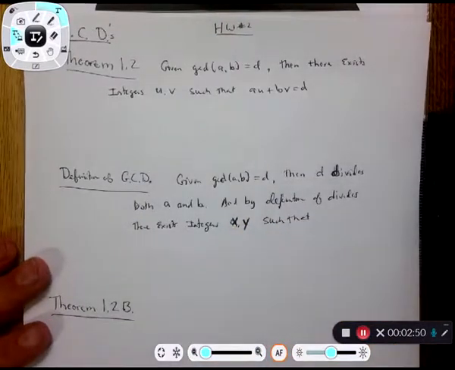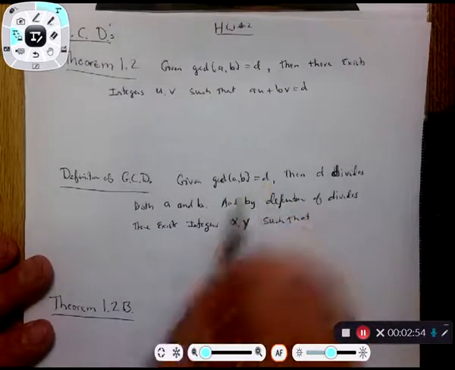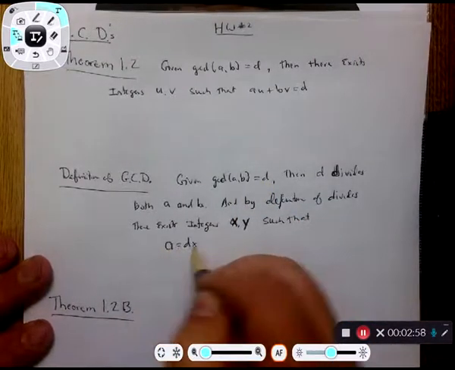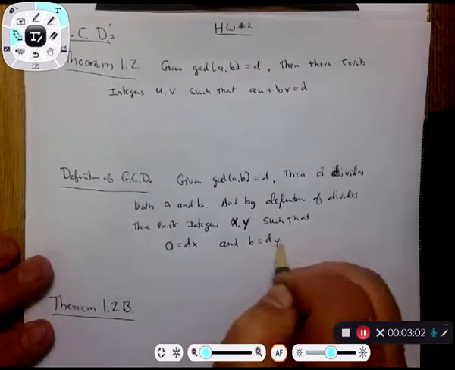There exist integers X and Y such that, now D divides A and D divides B, so A would be equal to DX and B would be equal to DY.